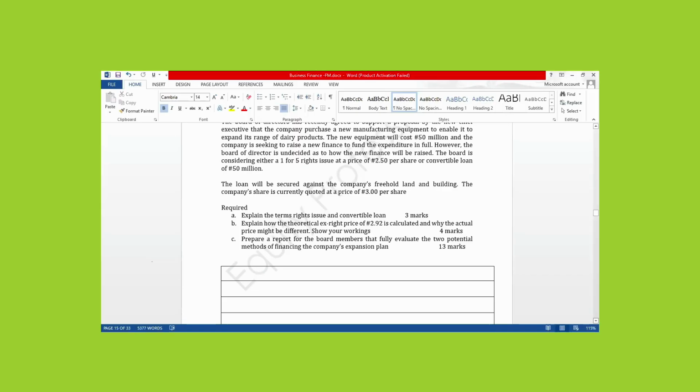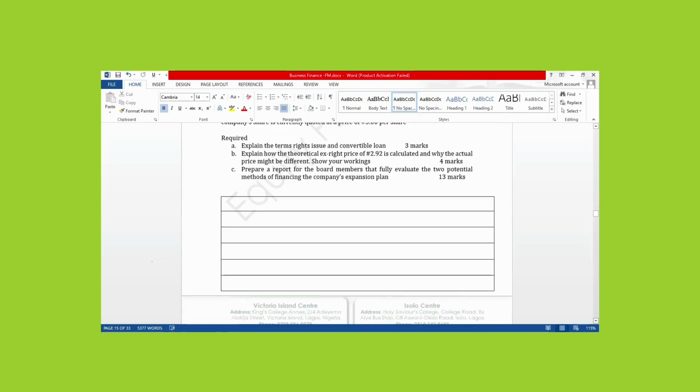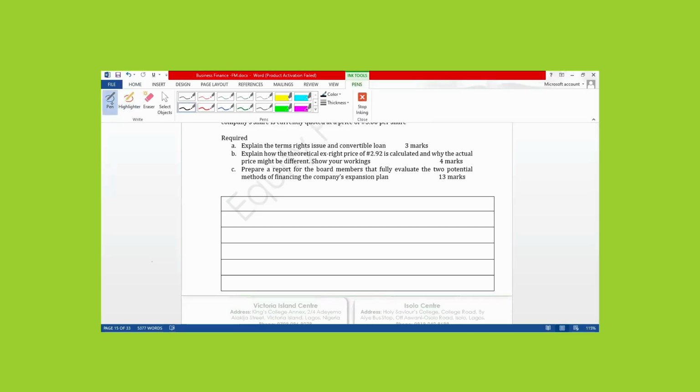If you are to calculate this now, look at the calculation. You open a table: item, quantity, price, and value.